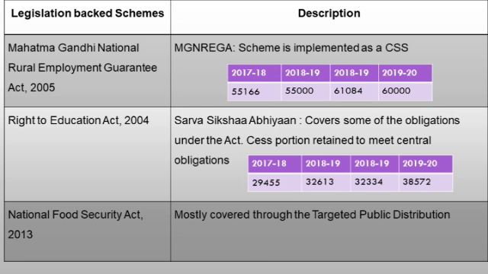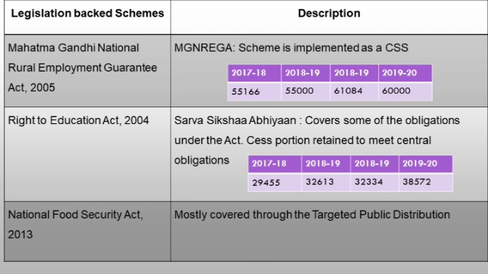Cess is a special tax which is levied and the money can be spent only for that specific purpose. Like on income tax, we pay education cess. That money can be spent only on education. So this education cess money is used to meet central obligations. And income tax being a shareable tax, states also get some share, and in that, states have to spend their share.